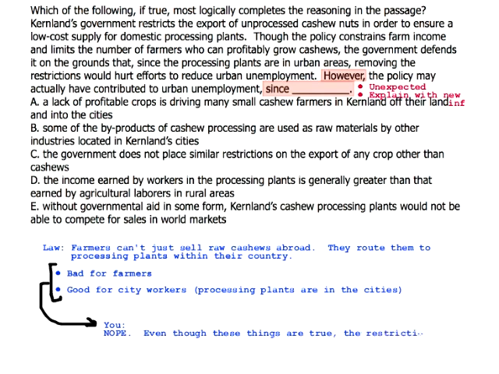The restrictions actually increase unemployment in the cities.